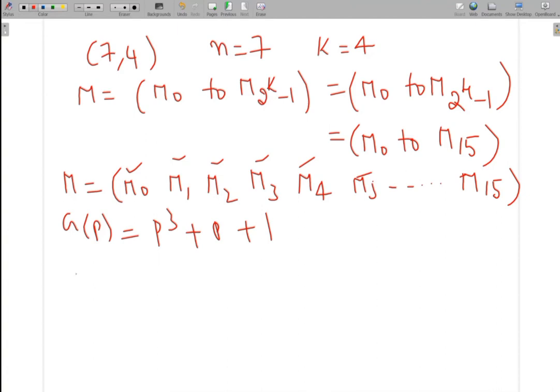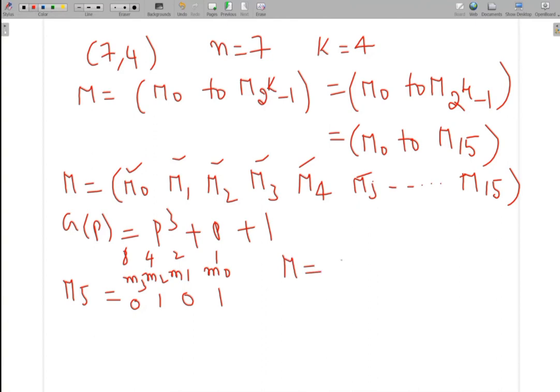Consider one message vector from M, that is M5. M5 means 4 bits are there. K is equal to 4, means M0, M1, M2, M3, with weights 1, 2, 4, 8. That means M3 is 0, M2 is 1, M1 is 0, M0 is 1. 4 plus 1 is 5.